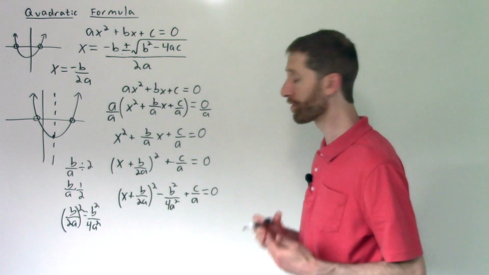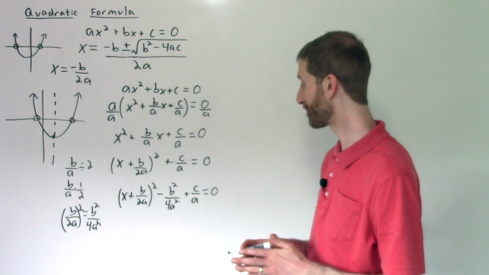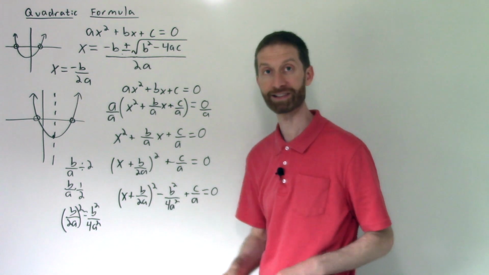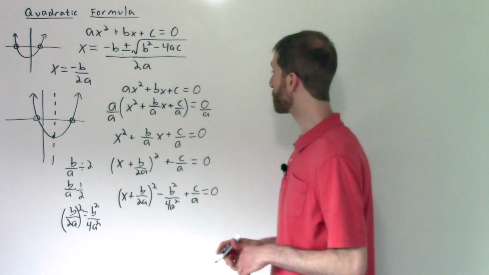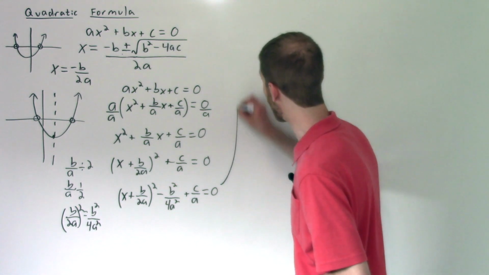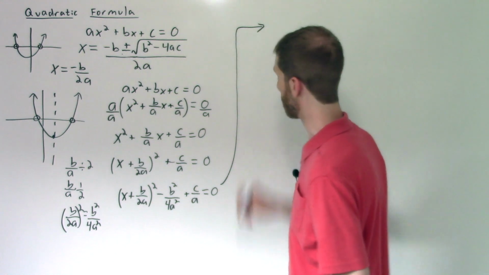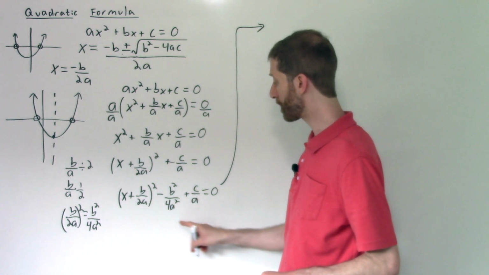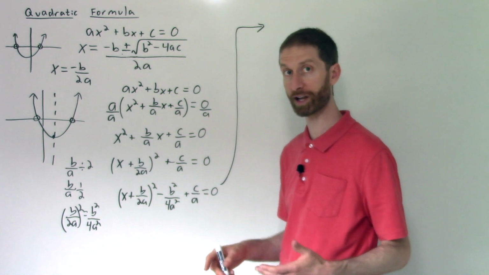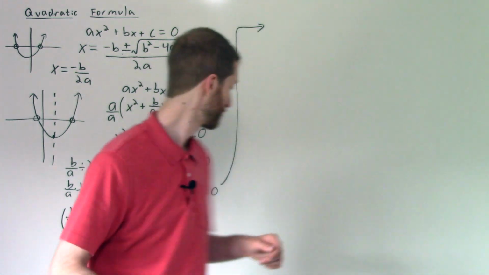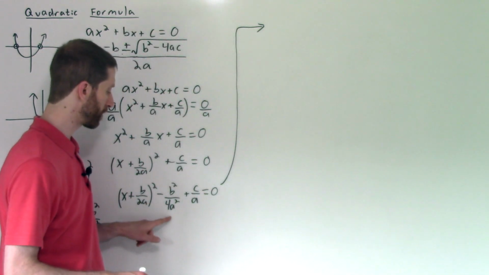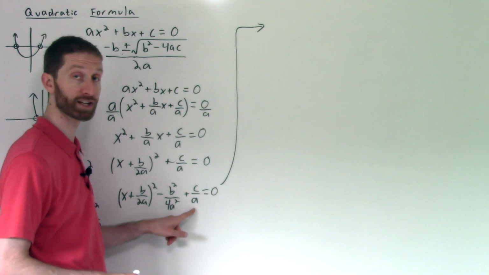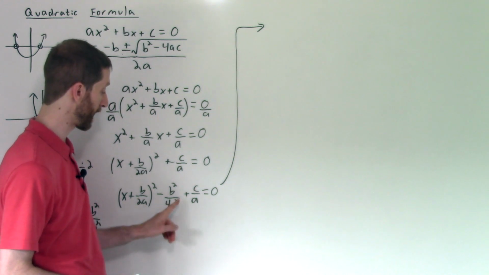Remember that our goal here is to solve for x. That's what we want to do. So I'm going to start writing on this side of the board, and now I'm going to bring everything on this side of the equation over there because we want to get x alone, right? So let's do it. I'm going to add b squared over 4a squared and subtract c over a. That'll get rid of these values.